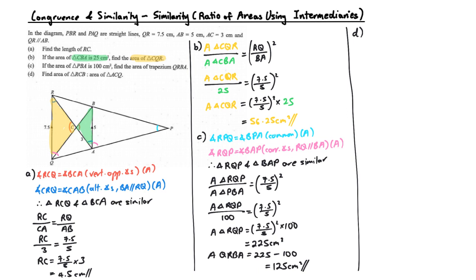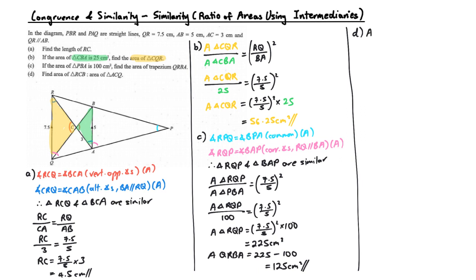Now let's look at D. D asks you to find the area of RCB, which is this, to the area of ACQ. These two white triangles here have no relationship with each other. But what they do have is a relationship with RCQ. So we can use RCQ as an intermediary.